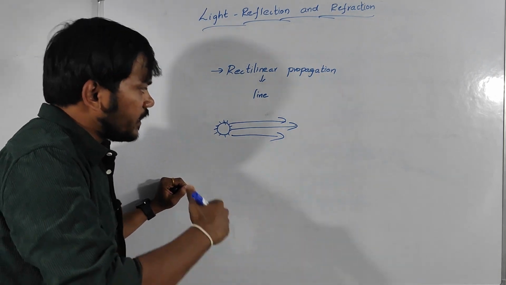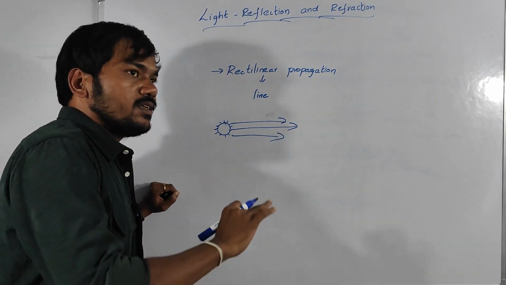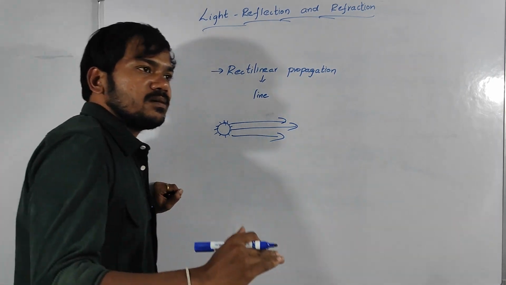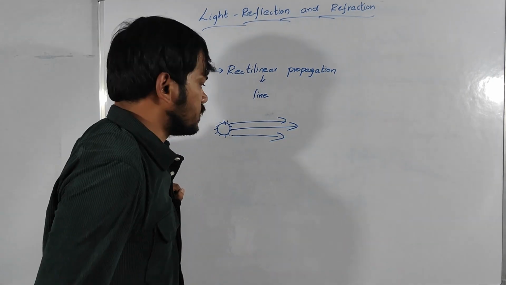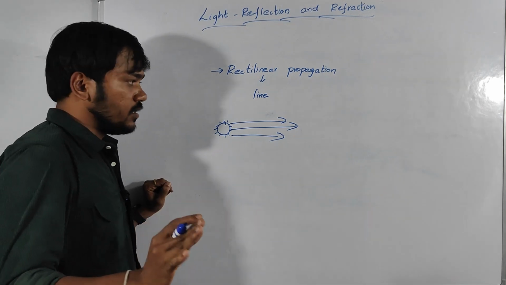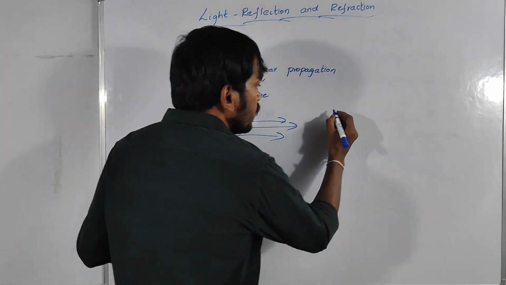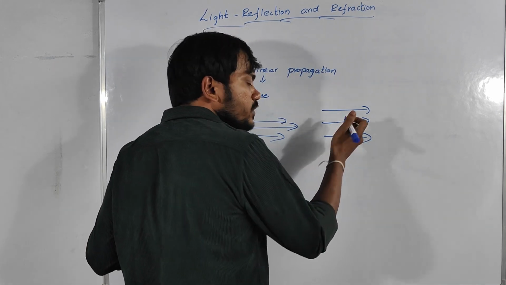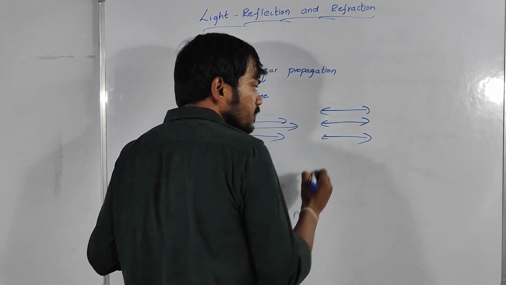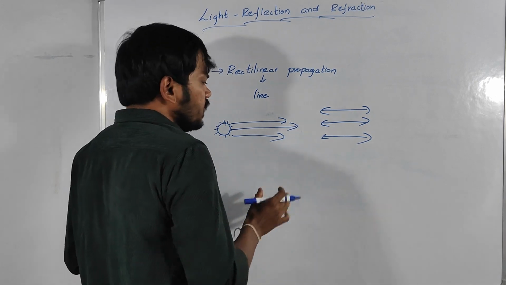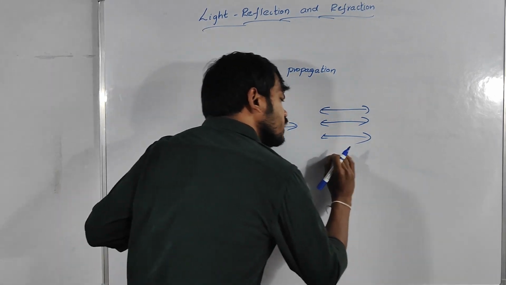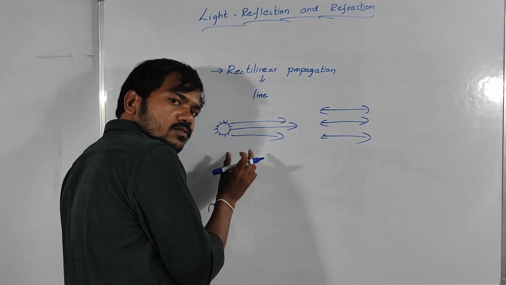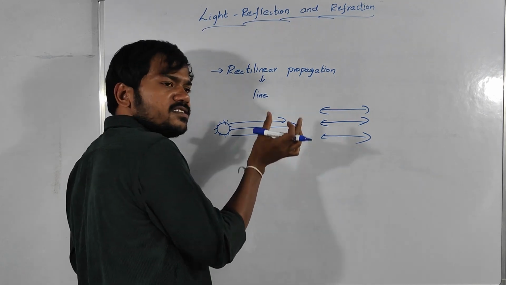So here you may get some doubt. Sir, it travels in straight lines. Whenever we studied mathematics or in our lower classes, straight lines are there, but we also have parallel lines, sir. You may consider these as rays. Yes, we can consider them as rays because they are coming out from a source, and we treat them as rays.